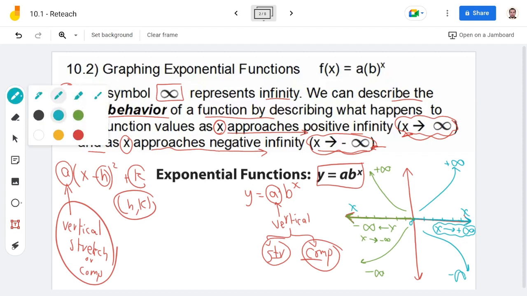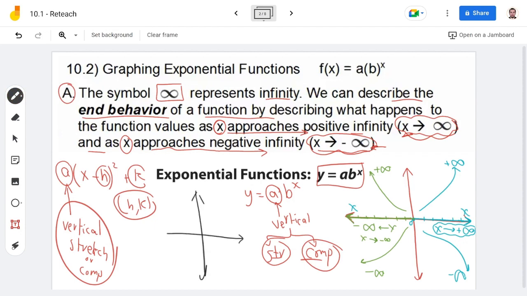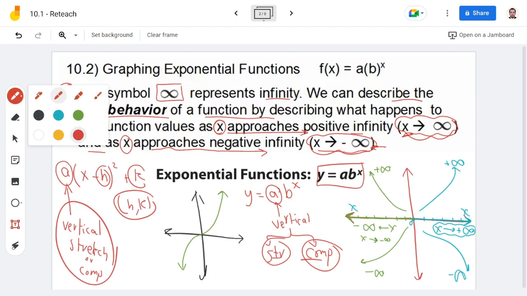Now, if I give you a quick example, like this one here. If I graph this example, and I ask you where my function goes when x goes to positive infinity, is my function going up or down? It goes up, so that means it's positive infinite.